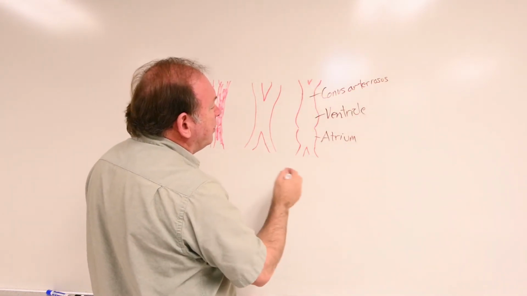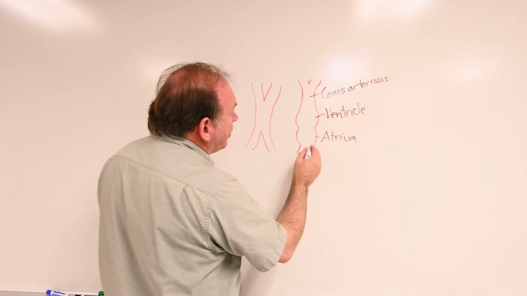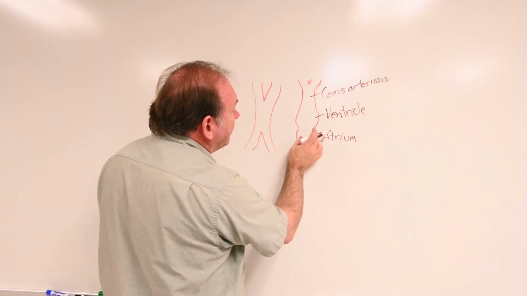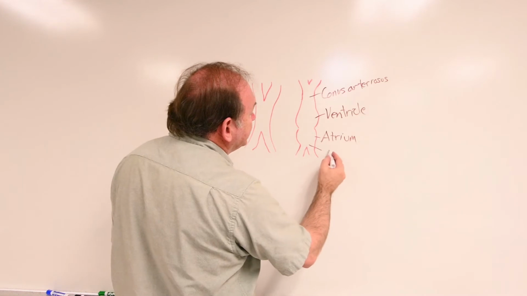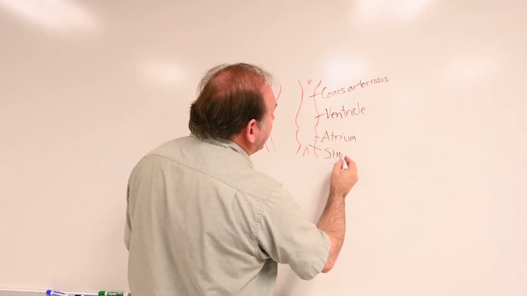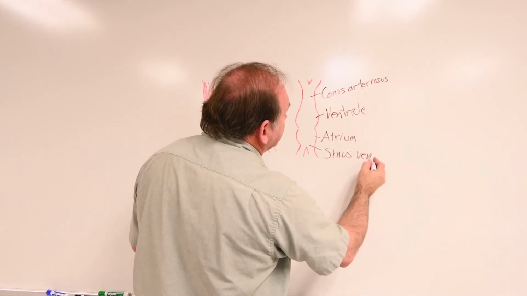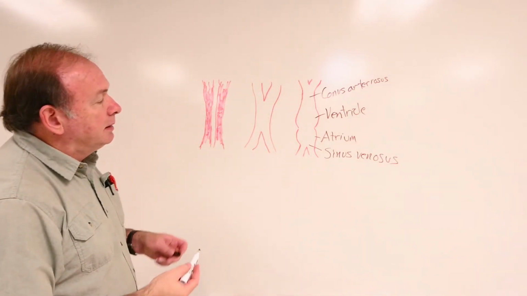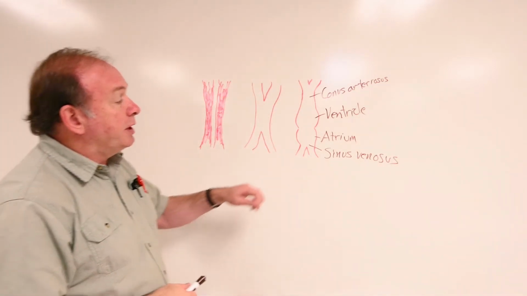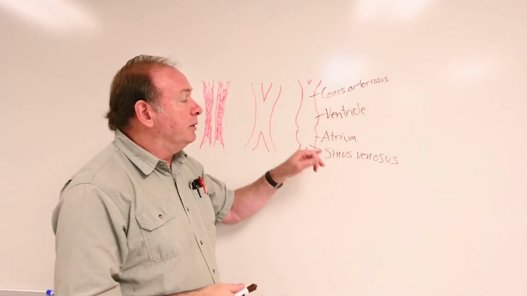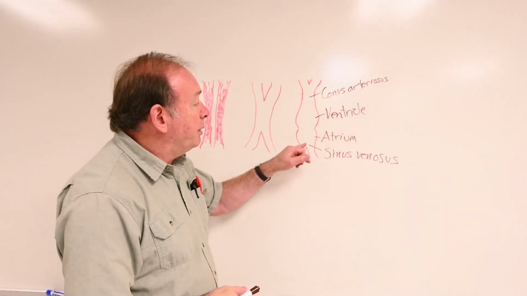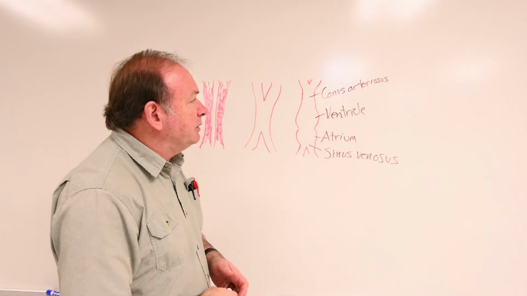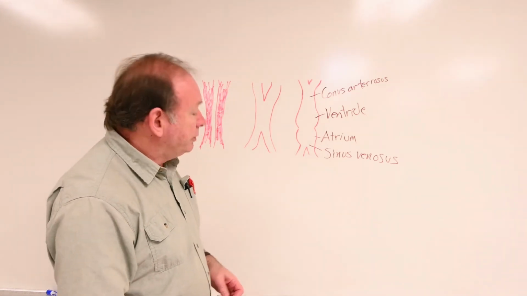Ventral aorta may form in there. And back here in the back, where we pull the blood together before it enters the atrium right here, there's a section we sometimes refer to as the sinus venosus, back in the back. Those are not considered part of the heart chambers, but they're important components, especially in the fish heart.